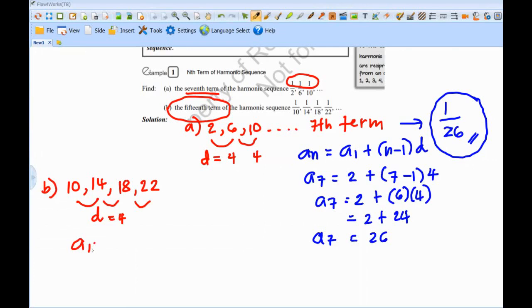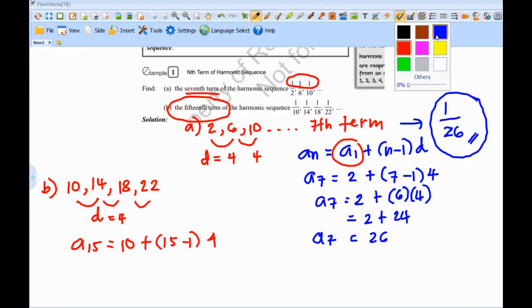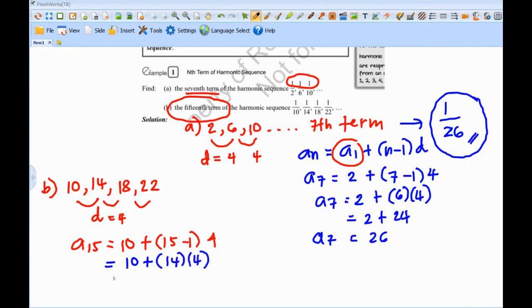Since we are looking for the 15th term, we have to use the formula a sub 15 is equal to a1. Our a1 is 10, plus n, which is 15, minus 1 times the common difference, which is 4. So we have 10 plus 14 times 4. 14 times 4 is 56, so 10 plus 56 is 66.